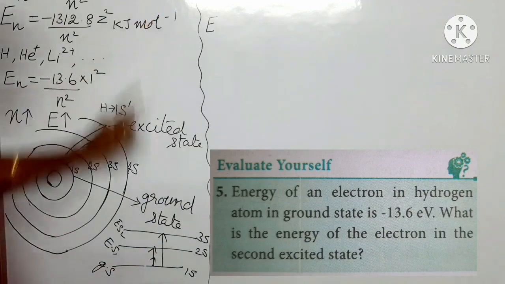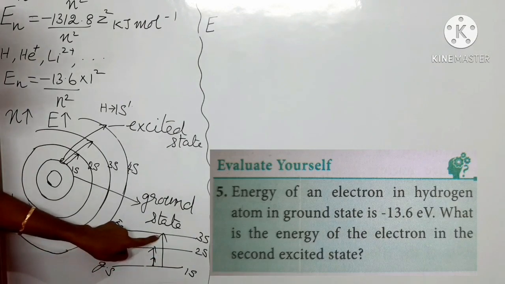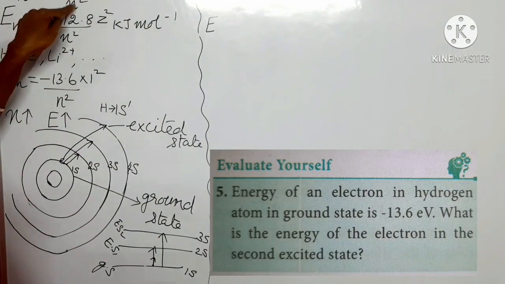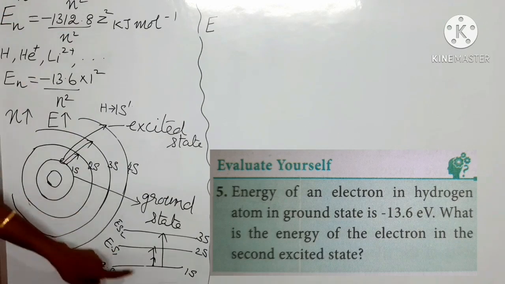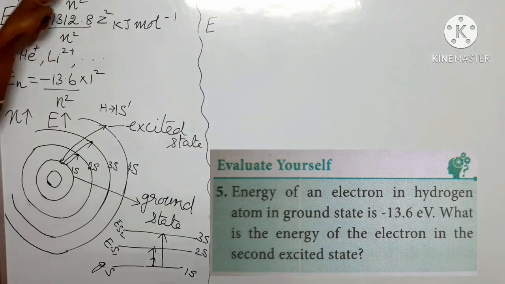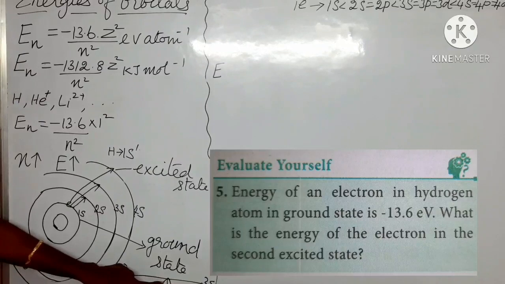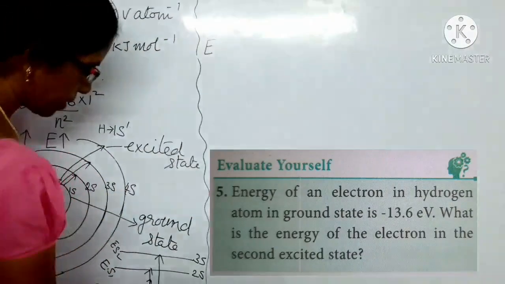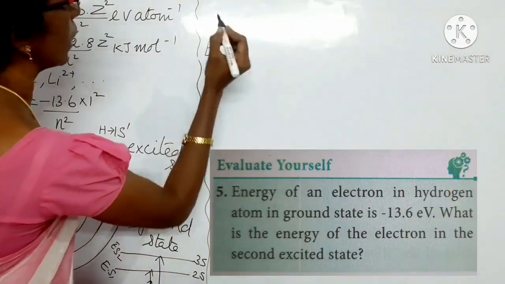In the question they asked to find the energy of the electron in the second excited state. We know the ground state energy of the electron is minus 13.6 by 1 squared. Now the question is asked for the second excited state. The principal quantum number is 3, so the n value is 3.